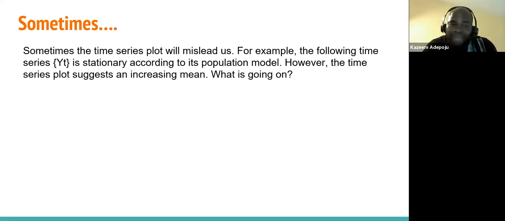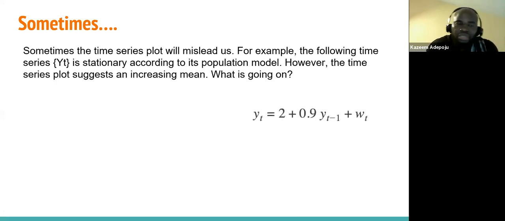However, the time series plot suggests an increasing mean. What is going on? That is the reason why at times we could have a conflict between what the time series plot tells us and what we actually see in the population model. Now, can you guys see my equation right now?